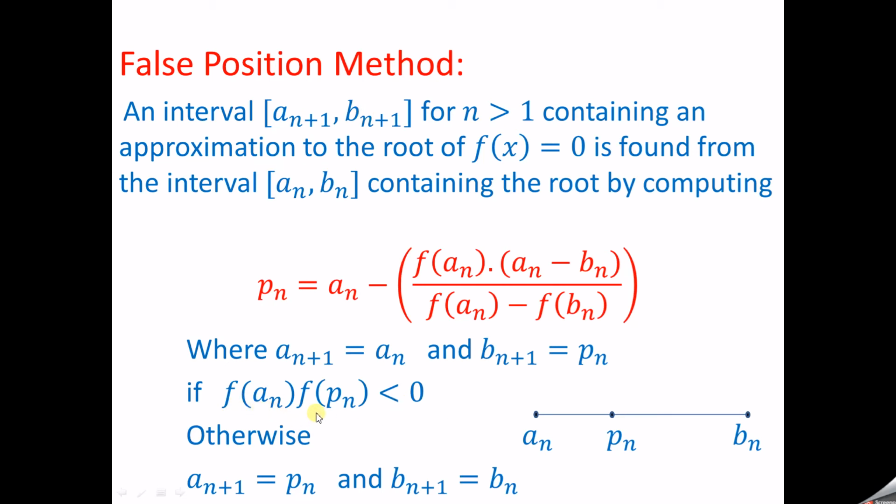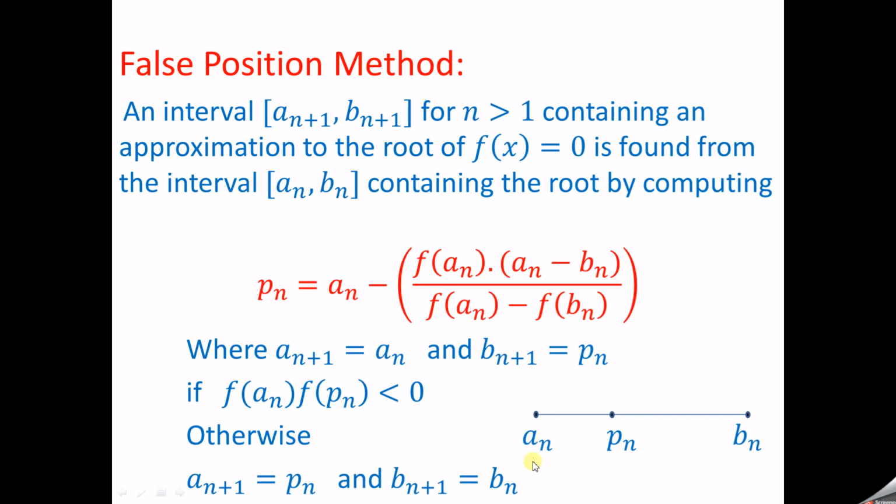If f(a_n) times f(p_n) is negative, that means the product of the function values at a_n and p_n is negative, then the root lies in this part, between a_n and p_n. Therefore, the new interval will have a_{n+1} as a_n.